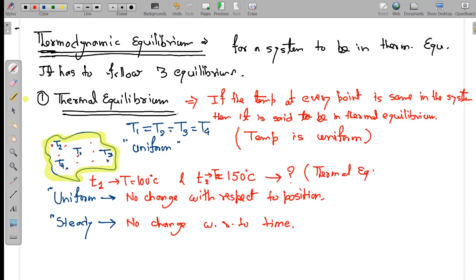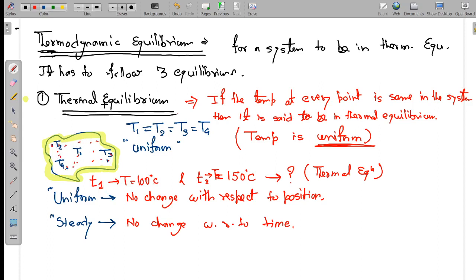Why? Because the condition of thermal equilibrium is that temperature should be uniform. I am not saying that temperature should not change with respect to time. Temperature can change with respect to time. It means if at time t1 the temperature is 100 degrees Celsius, then at that time at every point the temperature should be 100 degrees Celsius.